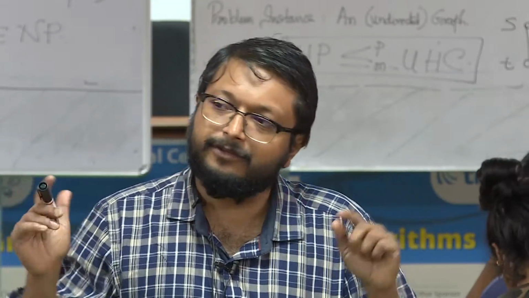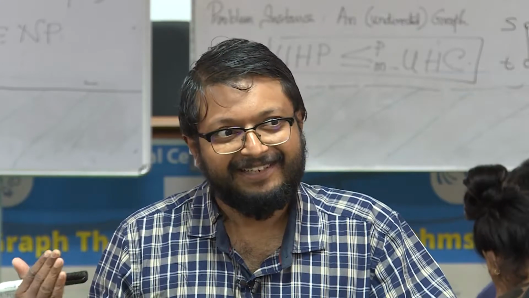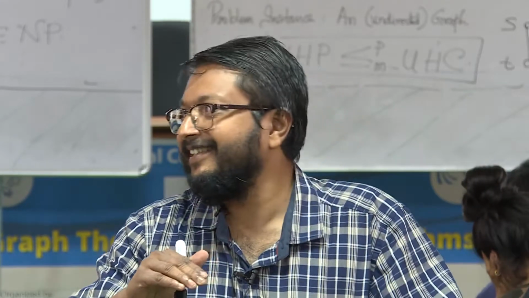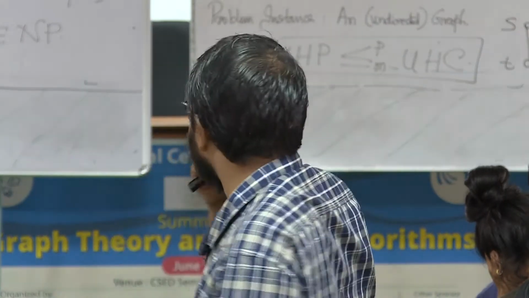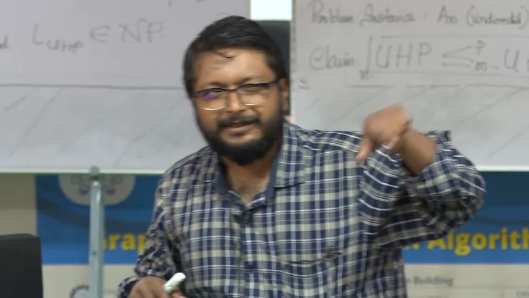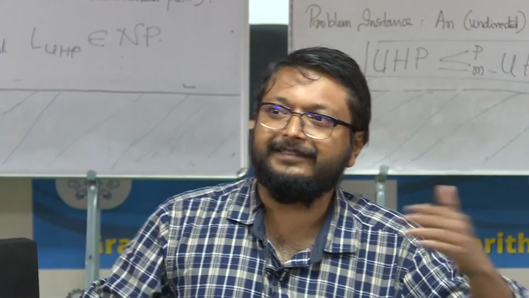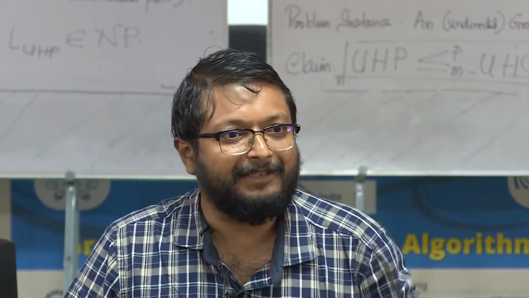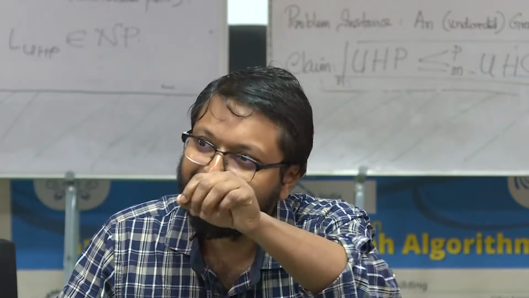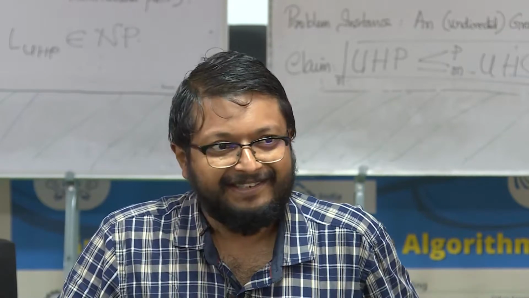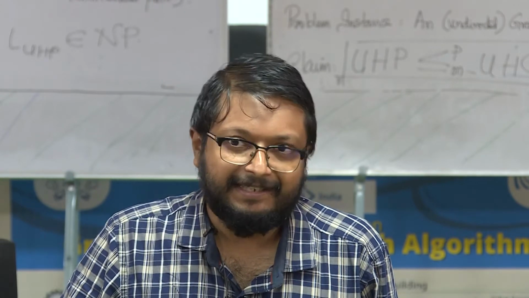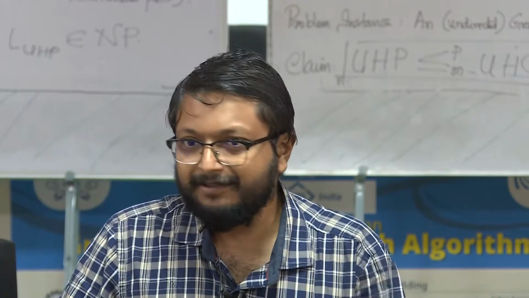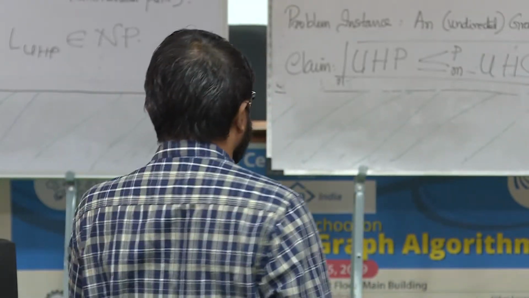Another exercise: what is the remaining problem? Directed Hamiltonian cycle. That I leave as an exercise. You can do simple adjustments on the graph in the 3-SAT to directed Hamiltonian path reduction. If you adjust it a little, you will get directed Hamiltonian cycle. So I'll leave that problem. Try to do these two reductions.